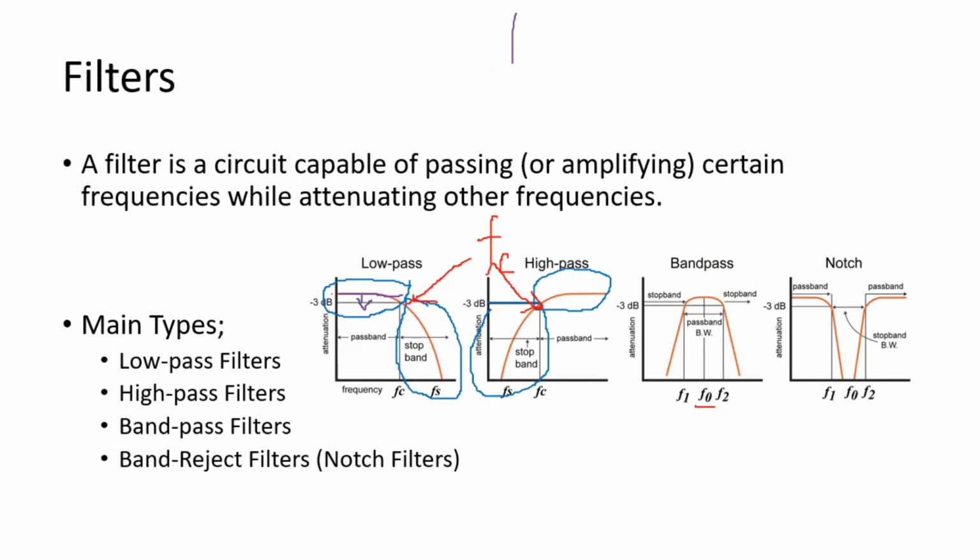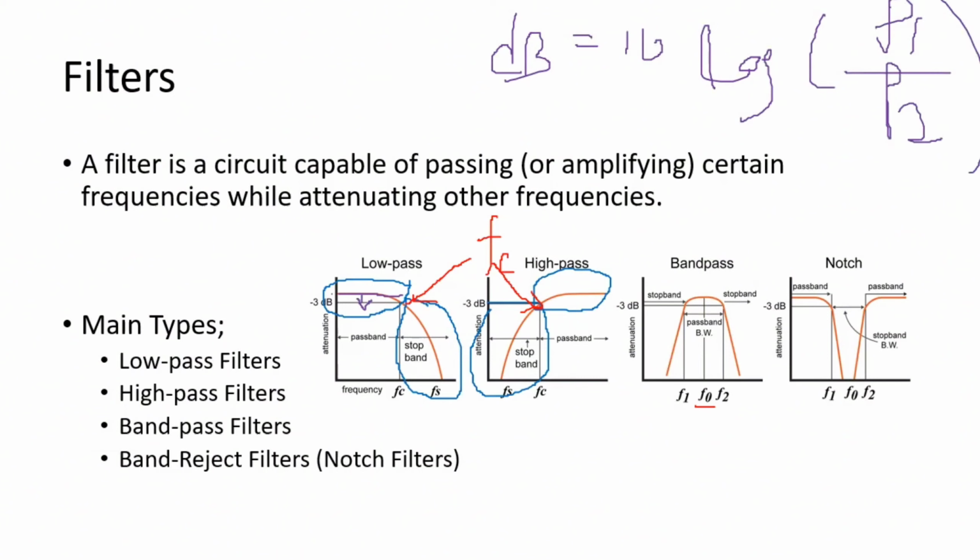What is dB? dB is 10 log of the ratio between two powers, P1 and P2.